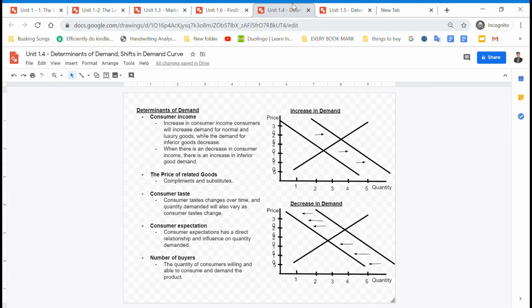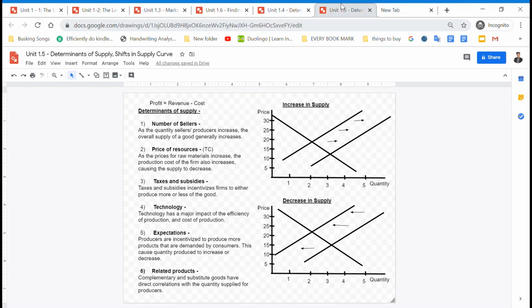We also went over the shifts in demand, the 5 primary reasons: consumer income, related products, either complementary or substitute goods, consumer taste, consumer expectations, and number of buyers. As well, we went into the sellers and the determinants of supply: the number of sellers, the price of resources, taxes, subsidies, technology, expectations, and related products.